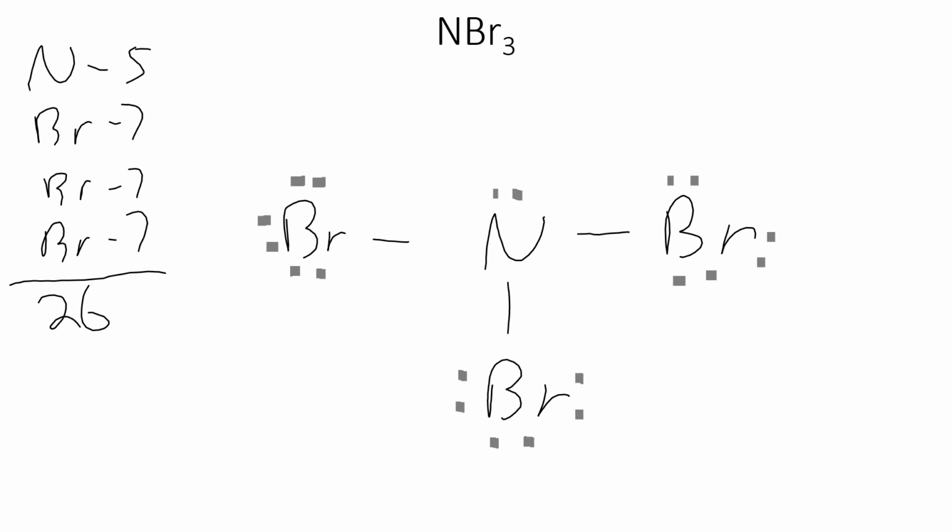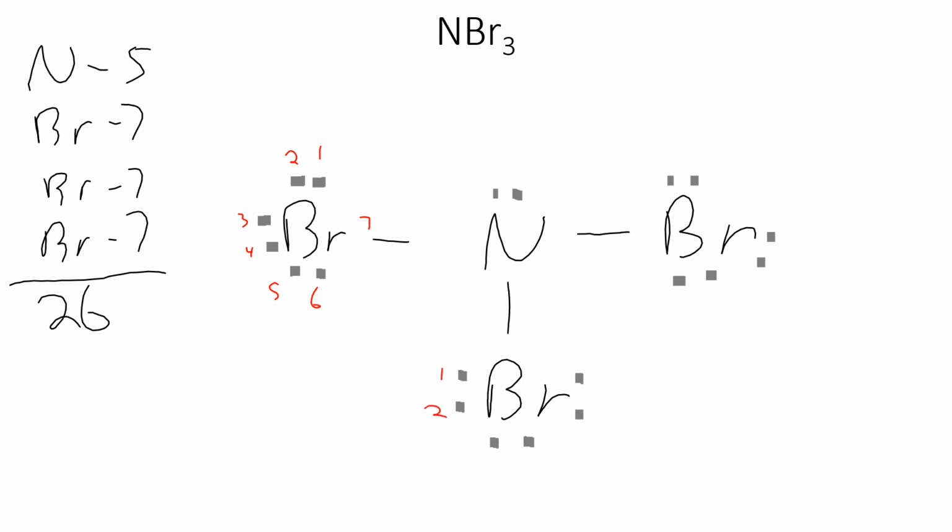Now, if I assign formal electrons to each atom, starting with the bromine on the left, the lone pairs are definitely going to count formally as bromine's. 1, 2, 3, 4, 5, 6. Remember, it's going to get 1 from the bond, making 7. One from the bond goes to the bromine, 1 goes to the nitrogen. Bromine on the bottom.